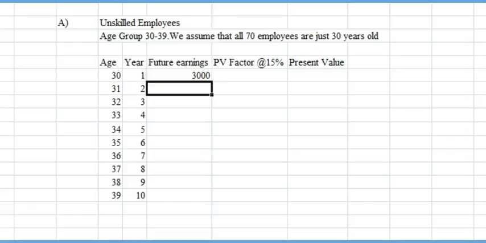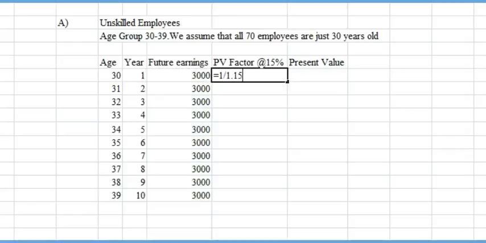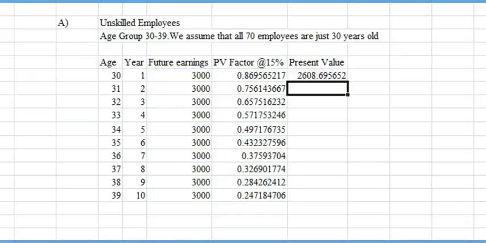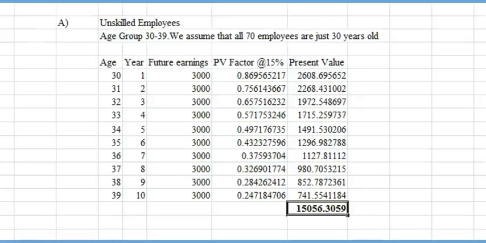3000 received for each year 30, 31, 32 up to 39 is multiplied respectively with 0.8696, 0.7561 up to 0.2472, and the respective present values can be added up to obtain the total present value of an unskilled employee in the age group of 30 to 39.